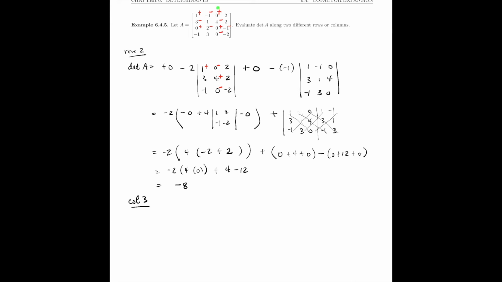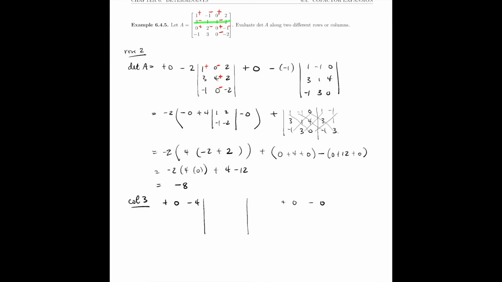So going down here, again, just for completeness, I'll write it's plus 0 minus 4 times some minor. And then I'll just finish up the row, plus 0 minus 0. And I've left myself lots of space because I'm going to do this one by Sarrus's rule, although I could choose to do cofactor expansion whatever I want.